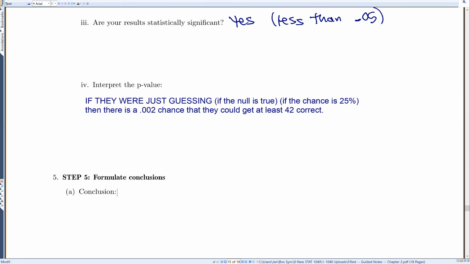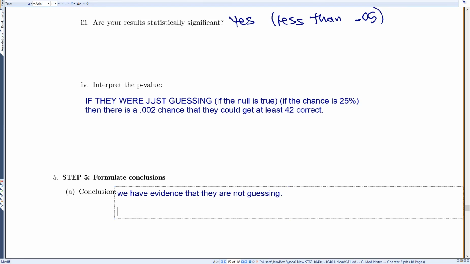So then we formulate our conclusions. We're pretty sure they're not guessing. So we can say we have lots of evidence that they are not guessing. Or, more importantly, what does your boss truly care about?